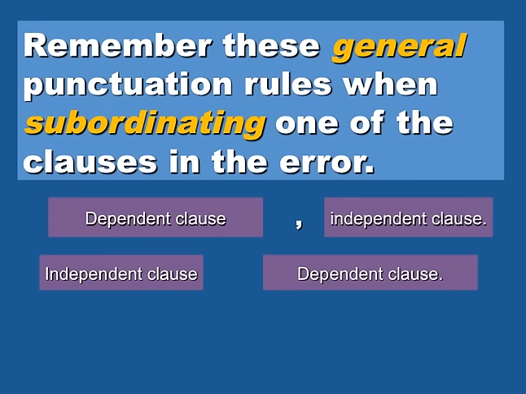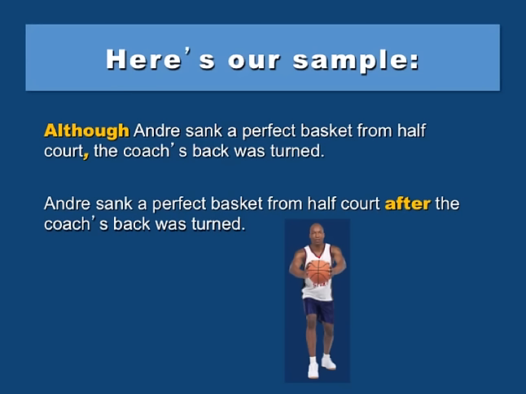That's a D, comma, I. Or if the independent clause comes first, we need no comma. So for example, although Andre sank a perfect basket from half court, comma, dependent clause, the coach's back was turned, independent clause, or we need no comma because Andre sank a perfect basket from half court, independent clause, after the coach's back was turned.